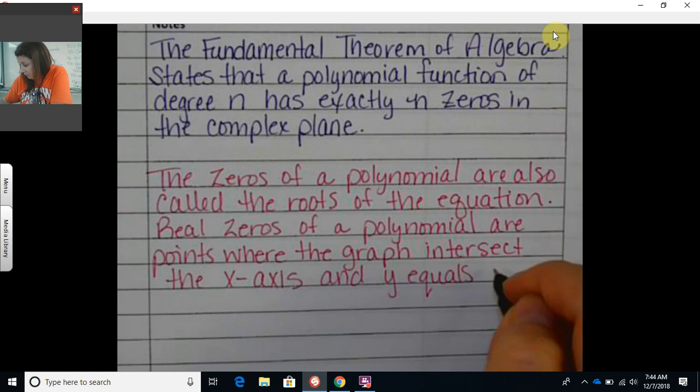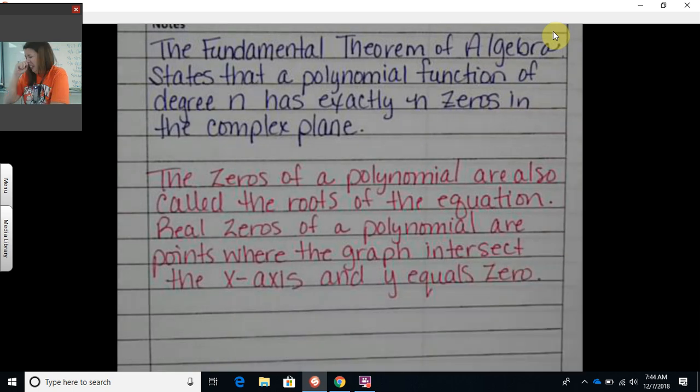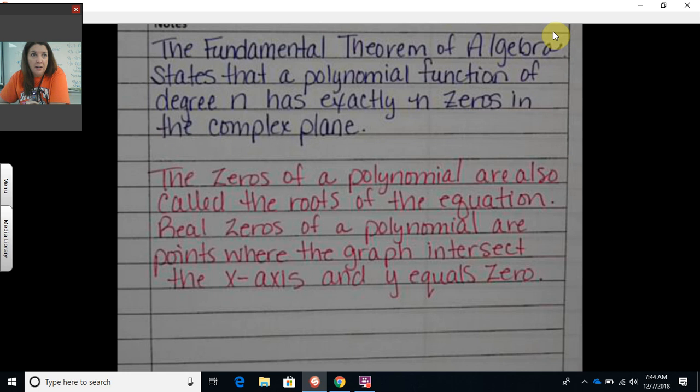Again, that's review. We already know that. We know solutions are where a graph crosses the x-axis, right? Those are real solutions. If they're imaginary solutions, they don't tell us where the graph intersects the x-axis. Only our real solutions do. And solutions are called zeros or they're called roots. We know that.